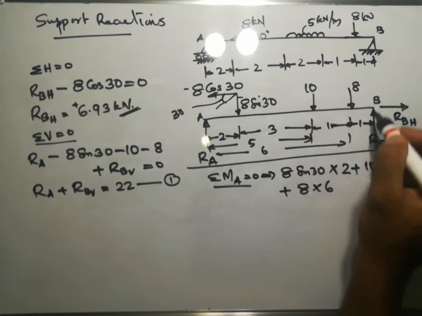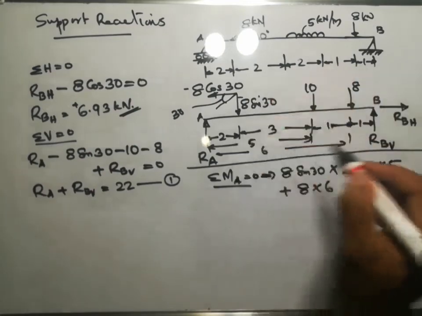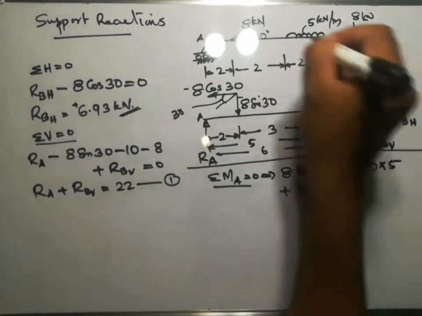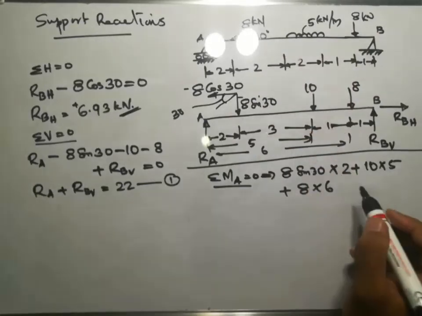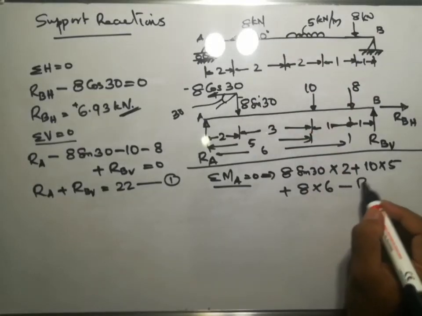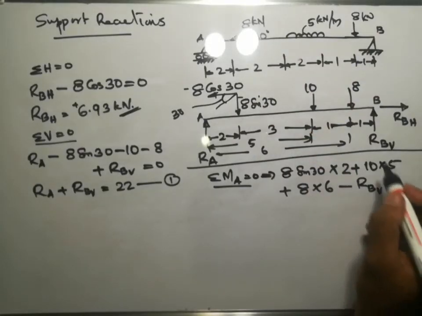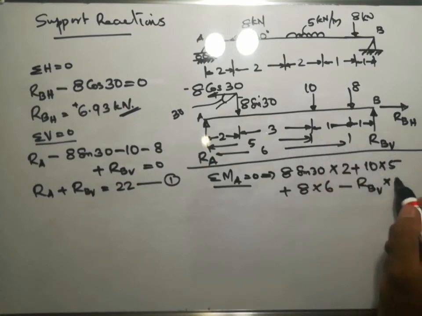RBV will make an anticlockwise moment because it will be trying to rotate the beam in this direction. Therefore it will be minus RBV into 6 plus 1, that is 7, equal to 0.